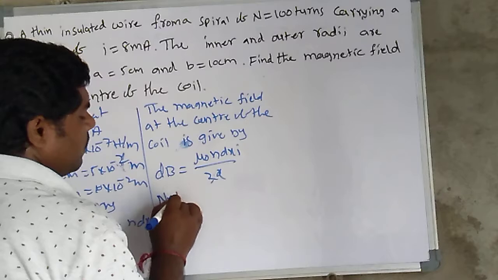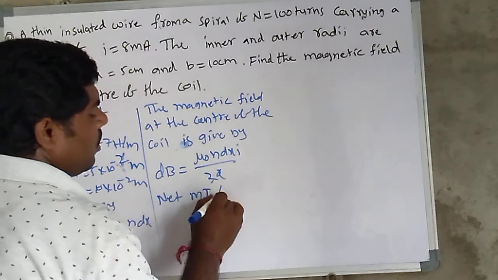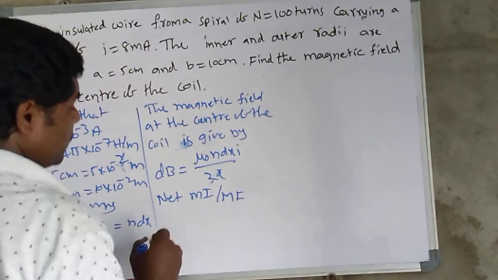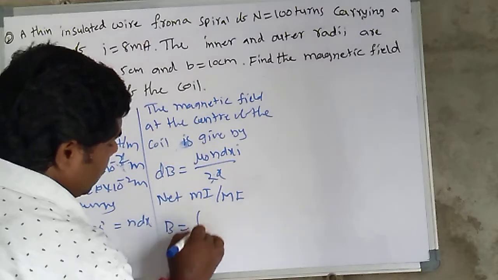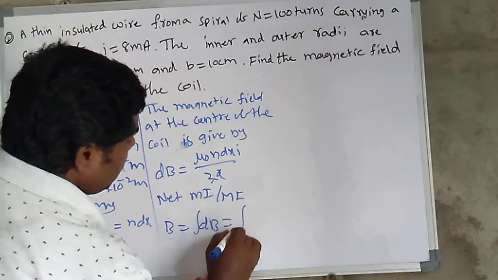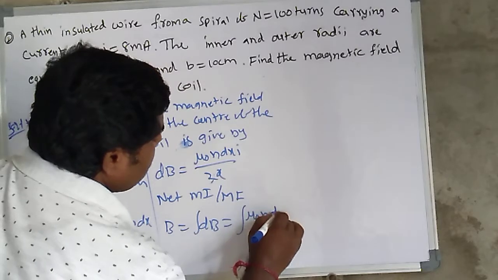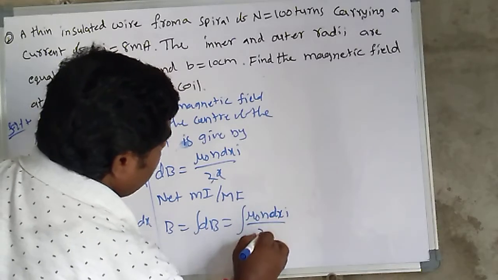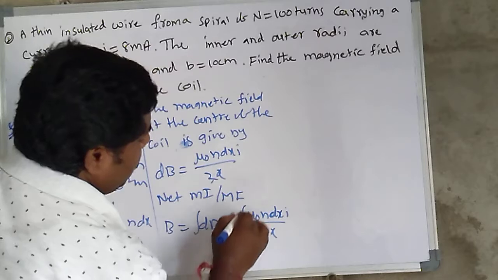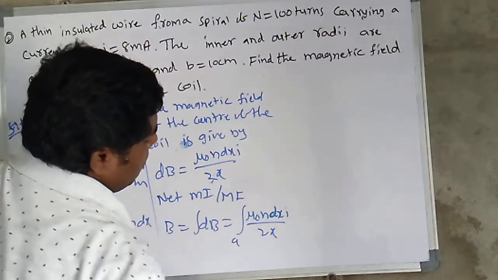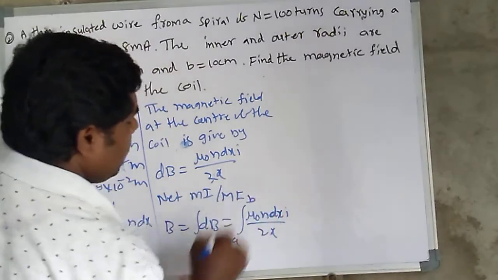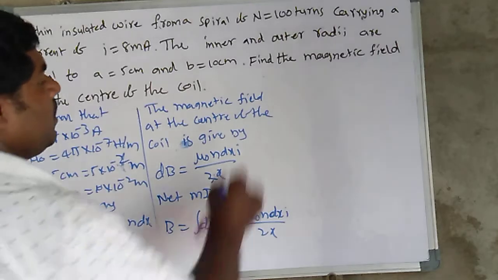Here the net magnetic induction or magnetic field B is equal to integral dB is equal to integral of mu naught n into dx into I divided by 2x. Here the variable lower radius is the inner radius a, outer radius b, limits a to b.